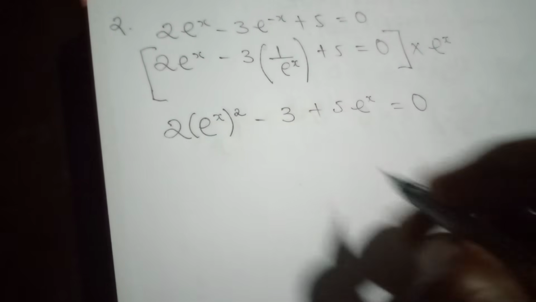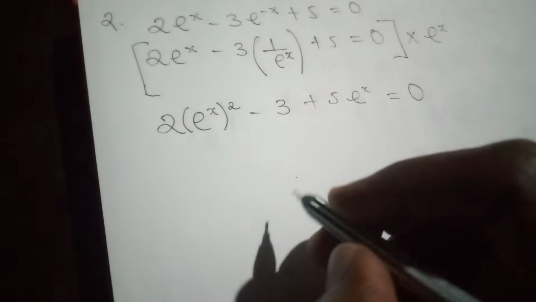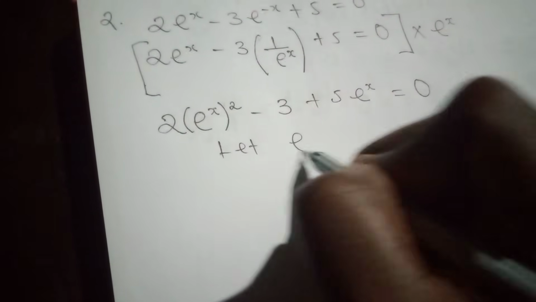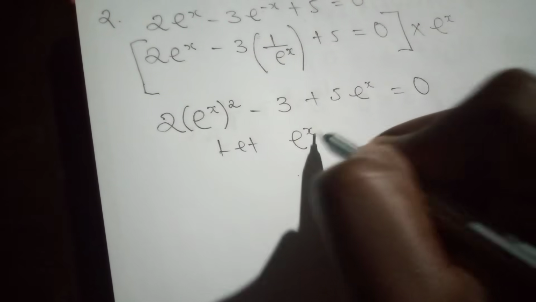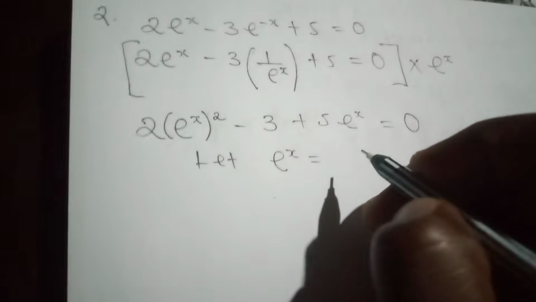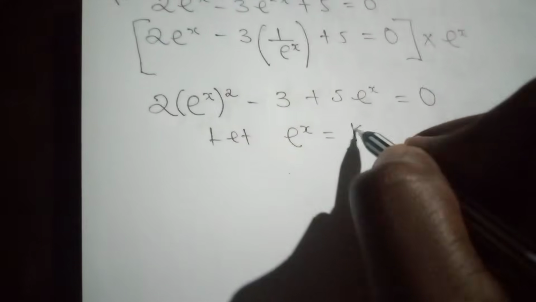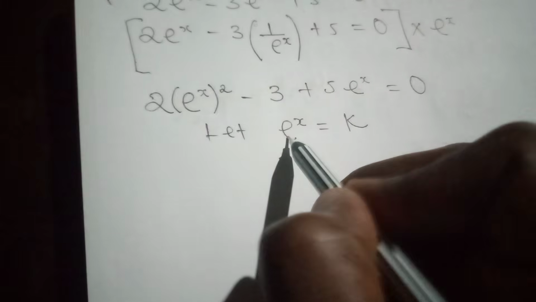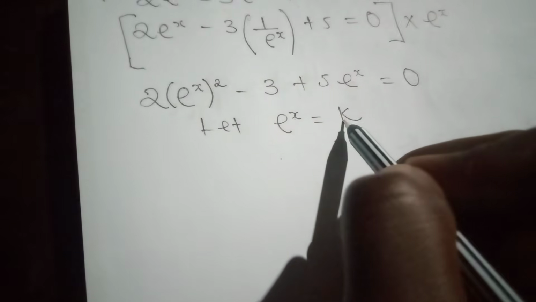So what I'm going to do there is say let e to the power x be any letter of your choice. In this case, I'm going to use k. So where there is e to the power x, I'm going to replace it with k.